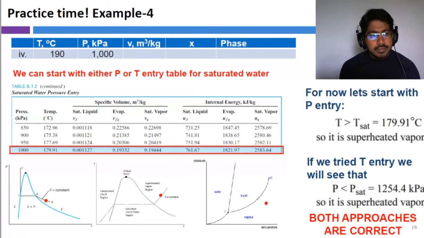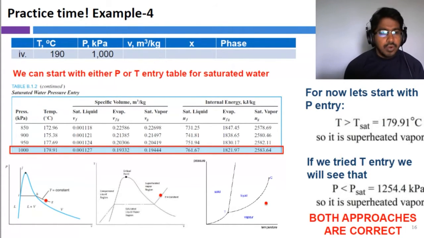So when we have temperature and pressure both, you can use either of these tables, right? You can start with pressure entry or temperature entry. It doesn't really matter. If you can find your pressure value in the pressure entry table, then you can start with that one. If you want to find your temperature value with your temperature entry, then you can start with that one.